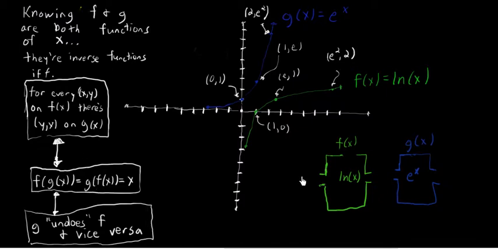So let's say you plug x into the f machine here. It'll take as an input x and it will spit out ln of x, right? And what is ln of x? It's the power to which you raise e to obtain x.